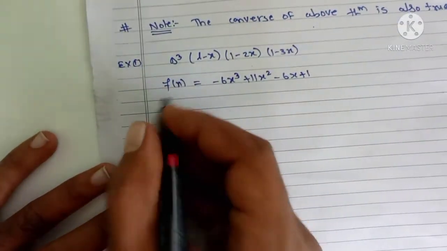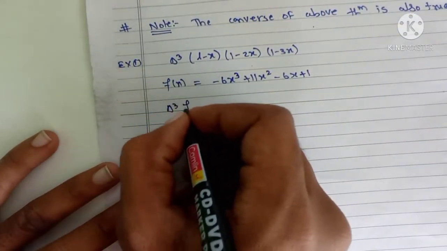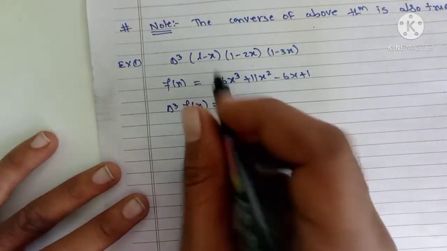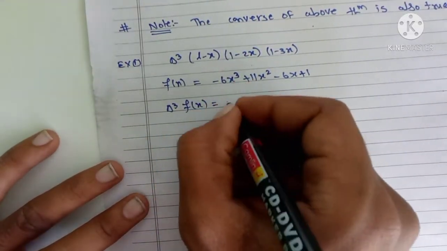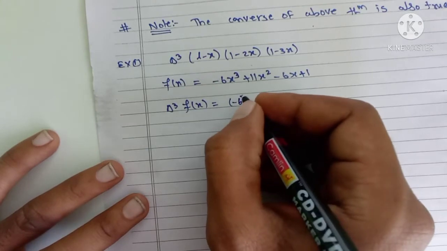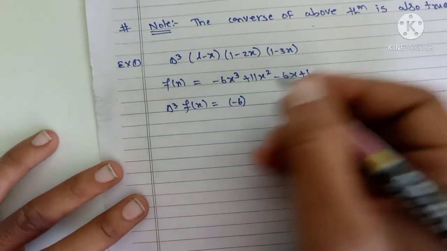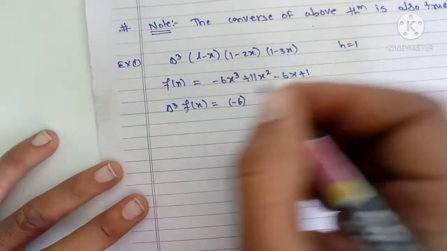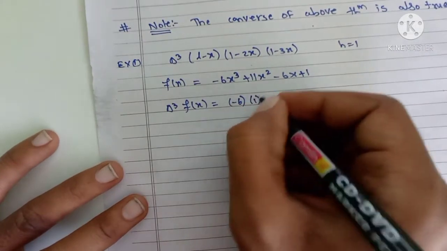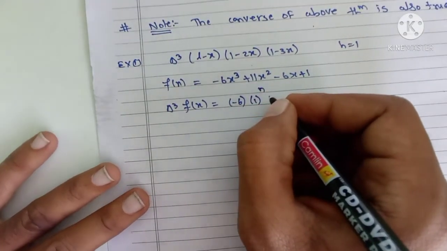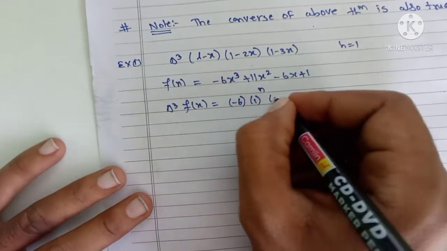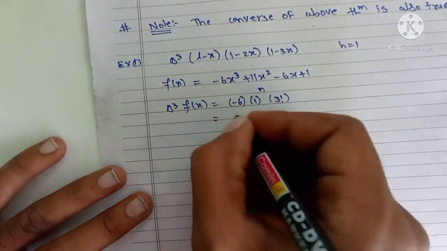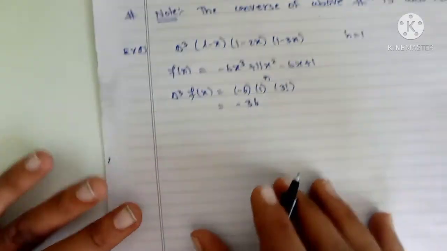Now according to the theorem, delta cube f of x is equal to a, which is a constant, minus 6, into h raised to n, where h is given to be 1, so 1 raised to n into n factorial, that is 3 factorial. So it will be equal to minus 36.